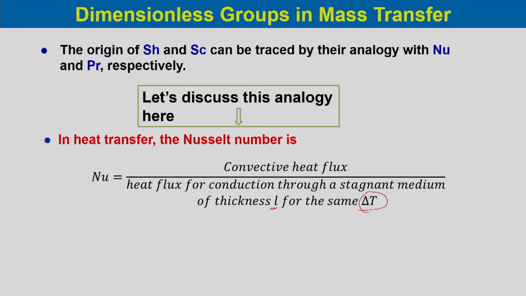So, it is a ratio between the convective heat flux and the heat flux due to conduction. The convective heat flux is h into delta T and the conduction heat flux we can write as k by L delta T, where L is the thickness of the stagnant medium. So, this will lead to hL by k, where k is the thermal conductivity.